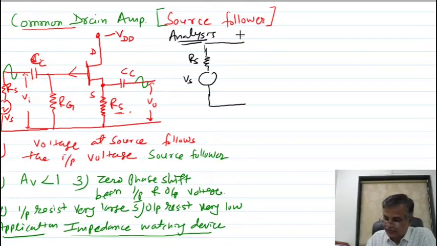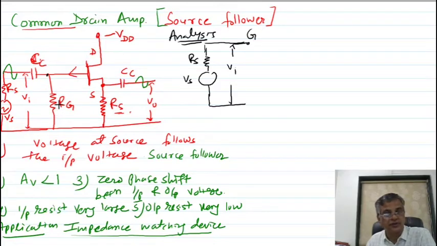So I am connecting. This is your Vi, and this is your gate. Now this does not affect the signal because it is very large. If this is not large, then I have to include it because it would affect your signal.